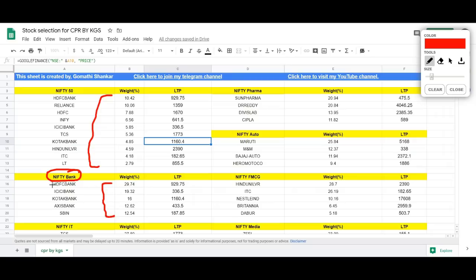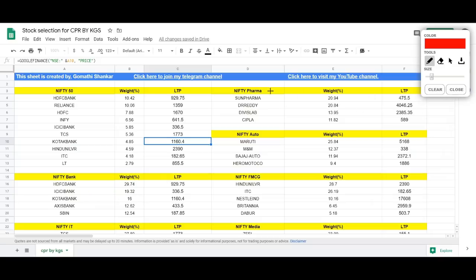Here HDFC Bank and ICICI Bank are already available in Nifty 50 also, so you have to make a note of it. These top 3 stocks are contributing more in Nifty Bank.